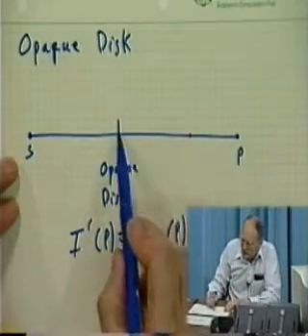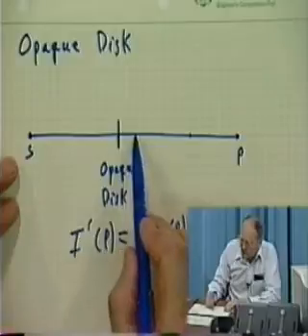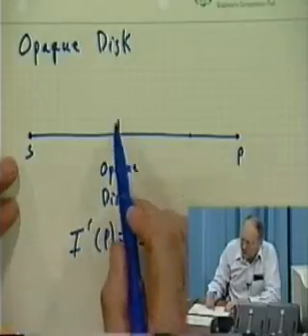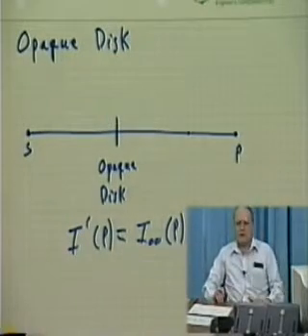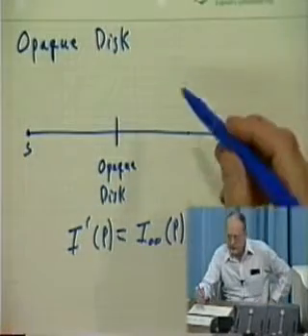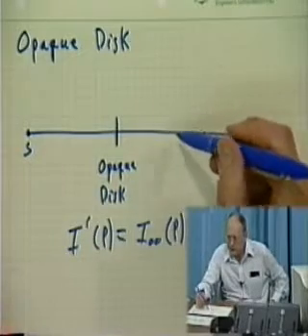And that was true as long as we're far enough away from the opaque disk that all these approximations that we've made do not break down. So this is a really amazing result that you get this bright spot right on axis.